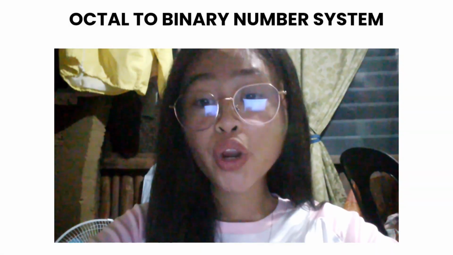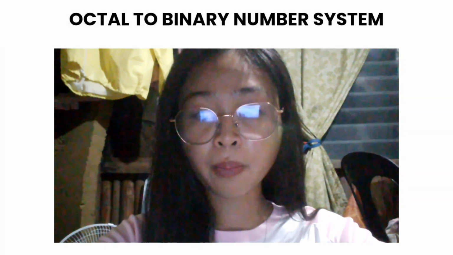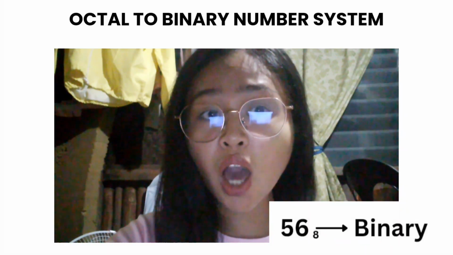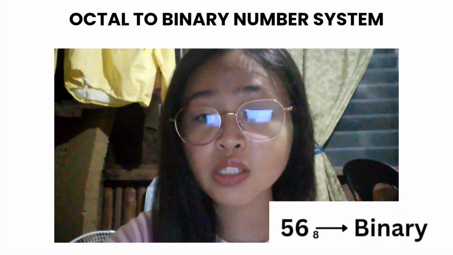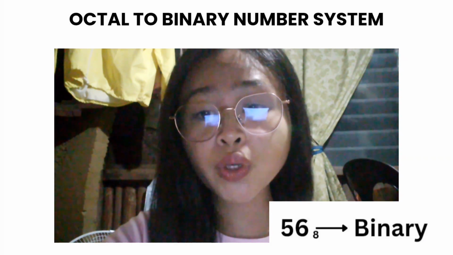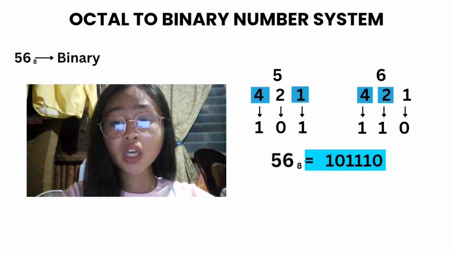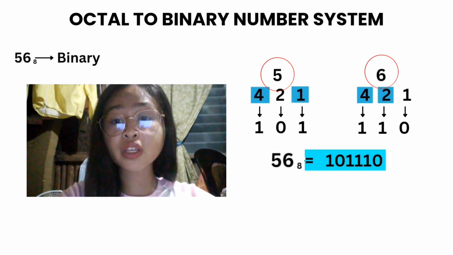And now, we're going to talk about the octal to binary number system. We have this value, which is 56 in base 8. So how can we convert that into a binary number? Firstly, we have to separate 5 and 6.